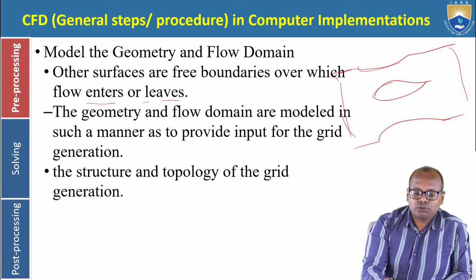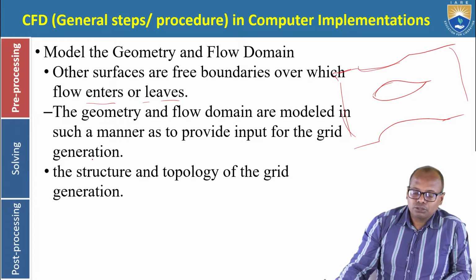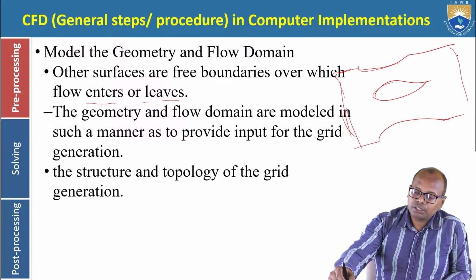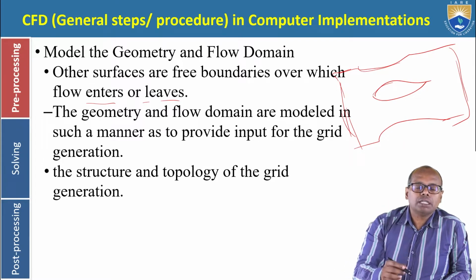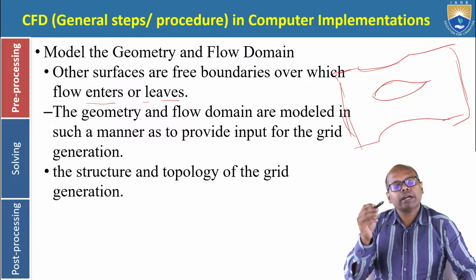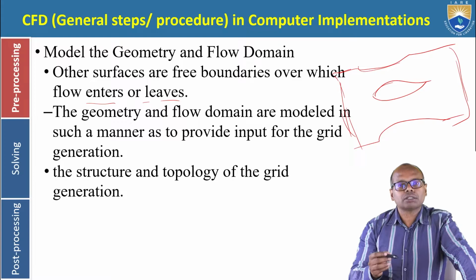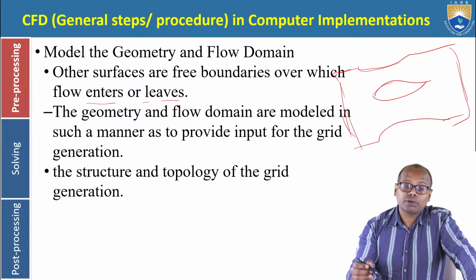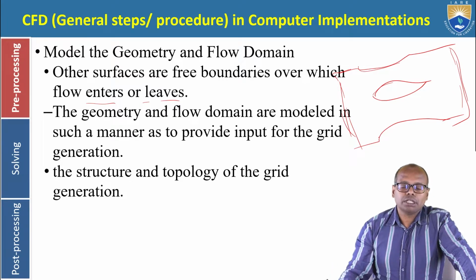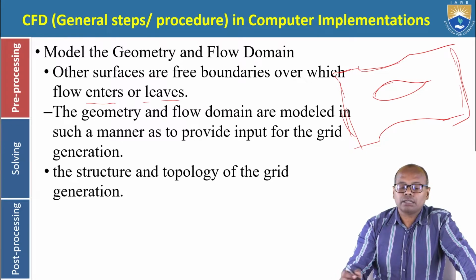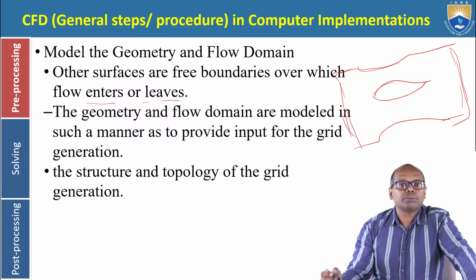Next, the geometry and flow domain are modeled in such a manner as to provide input to grid generation. Why are we doing this exercise? In CFD, we take the domain and discretize or divide it into sub parts or minor parts called a grid. So the domain should be such that it is easy to grid, that is, to break into pieces.